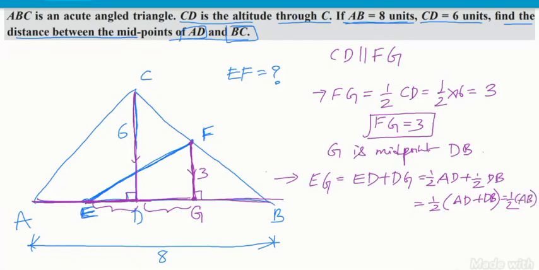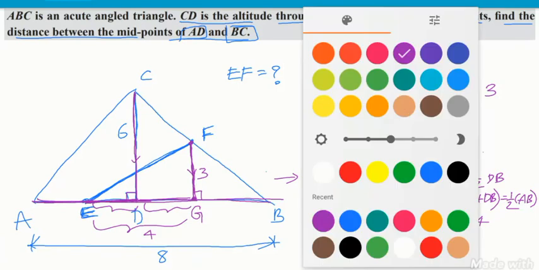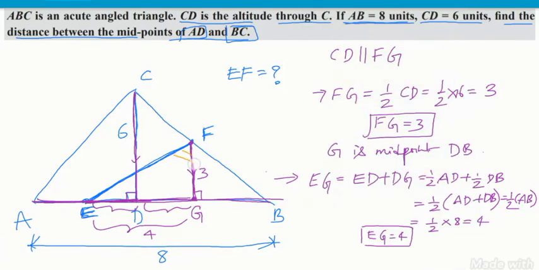So we know AB is given as 8. So half of 8 will give you 4. So I got the total length EG is 4 units. So EG is 4 here. Now I have FG 3, EG 4, and this triangle is a right triangle.